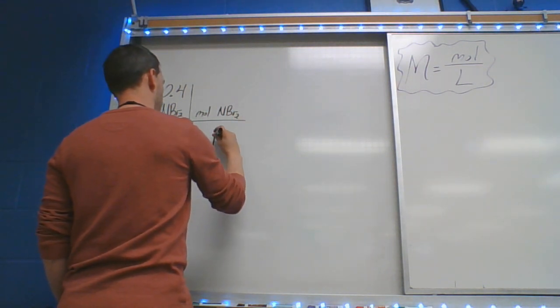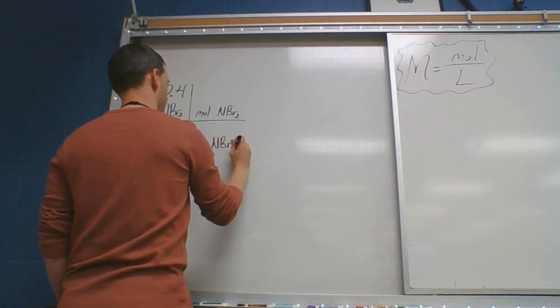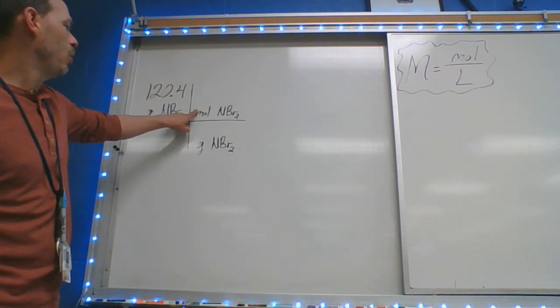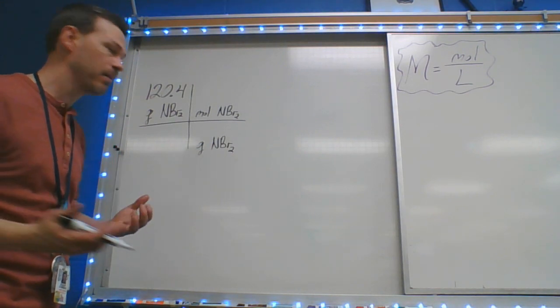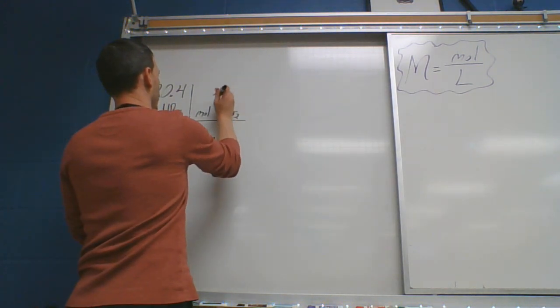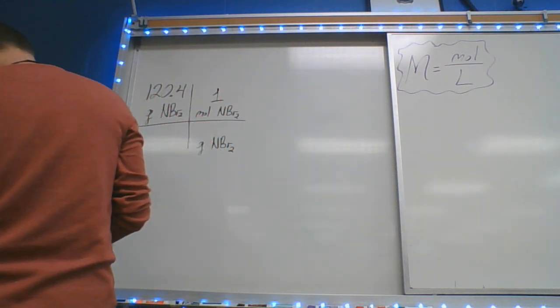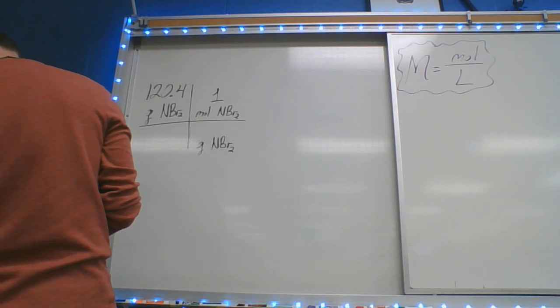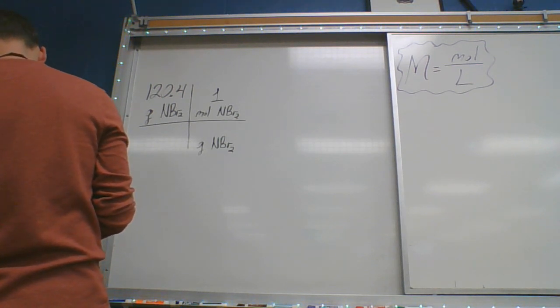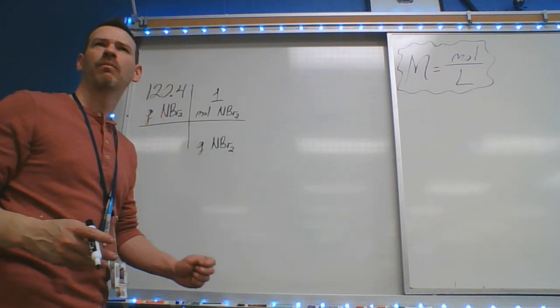Drag my diagonal. We've got moles over grams, which is going to be 1 for mole and periodic table for grams. I should have added this up. 1 nitrogen plus 2 bromines. Do you get 173.81?